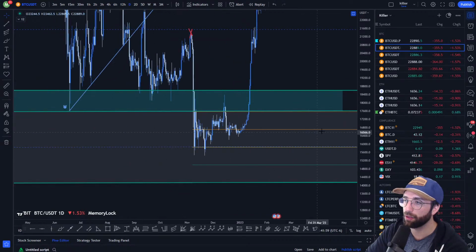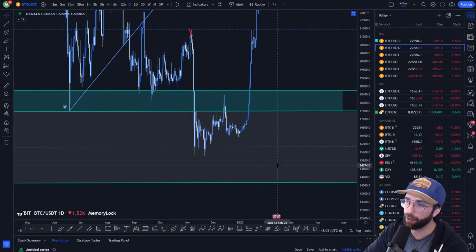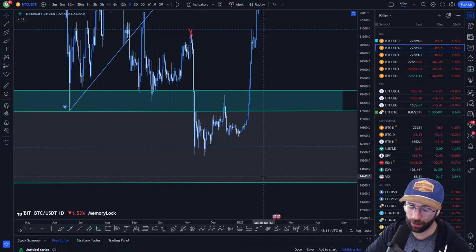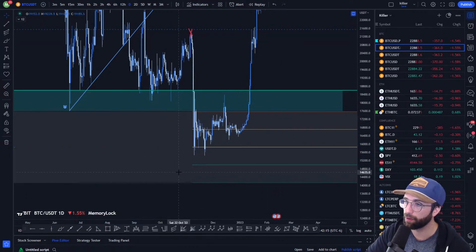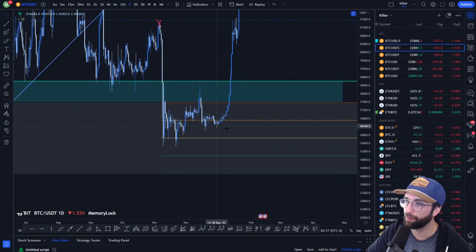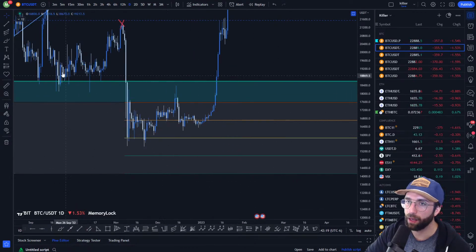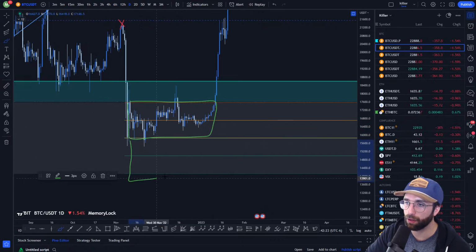I basically said, look, we're in this lower channel right now. And based on my analysis, I thought it's possible that we go down to this 14,200 level. So with that in mind, I drew this Fibonacci retracement pole. And I said, all right, this is the upper range and this is the lower range.